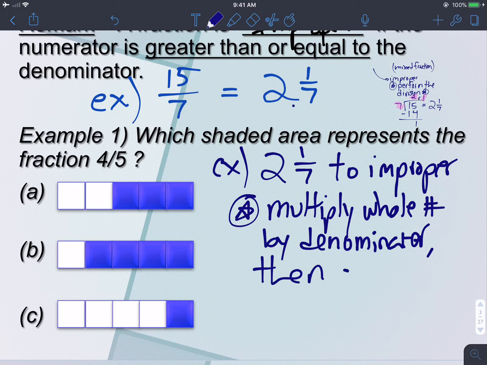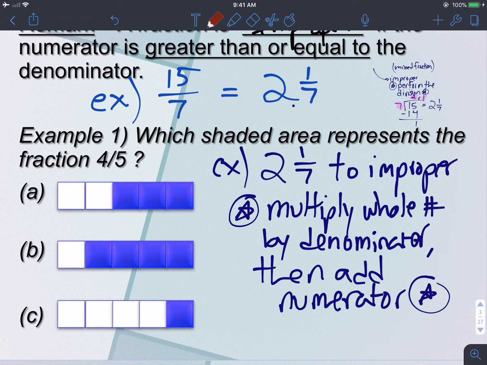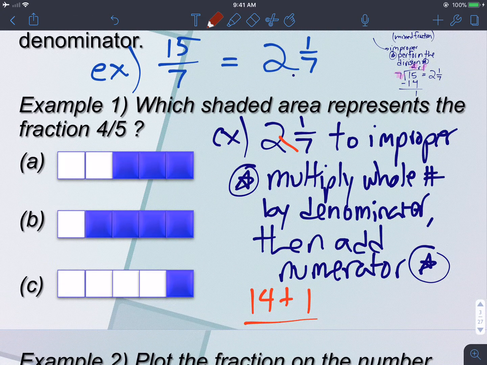Then add the numerator. So 2 times 7 is 14, plus the numerator, and you get back to 15/7. So that's going both ways. Okay. Maybe worth writing down.